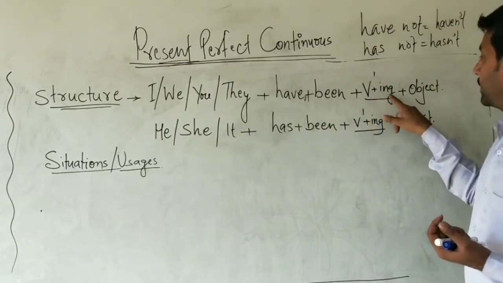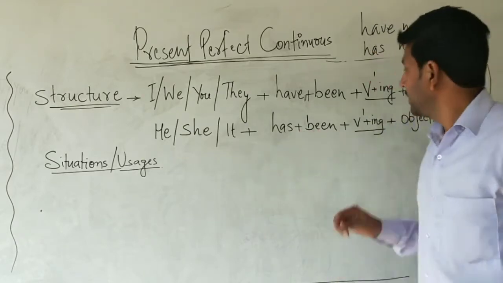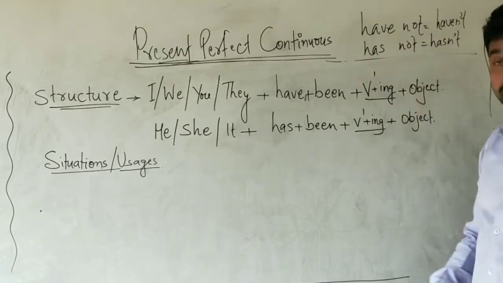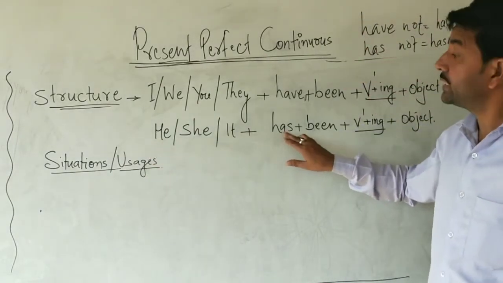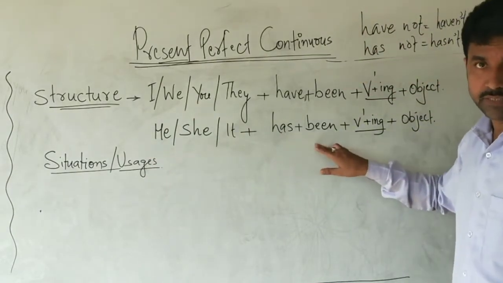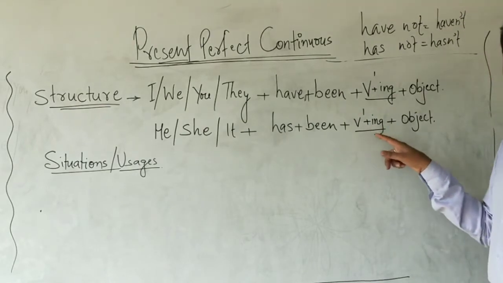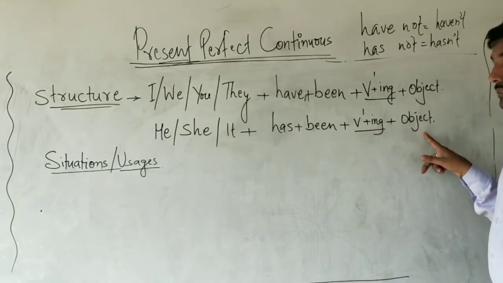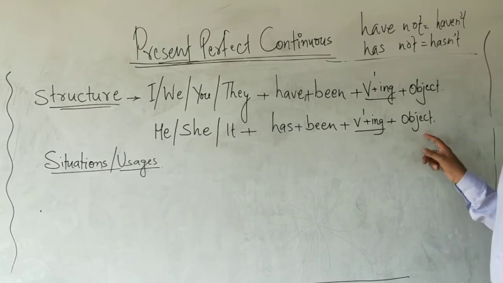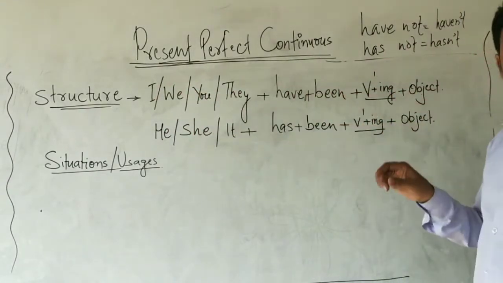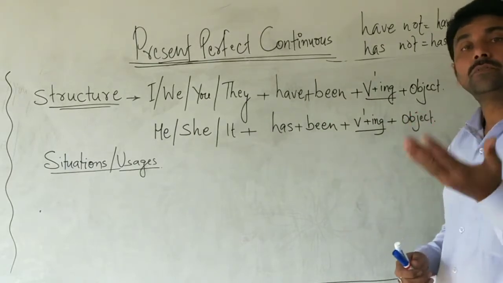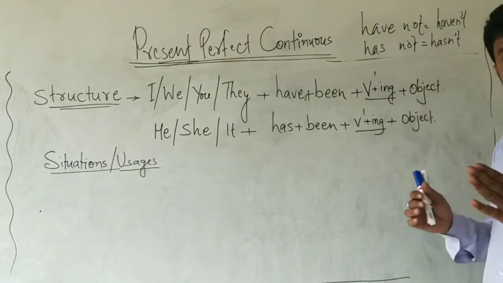That is, verb 1 plus ing is verb 4, and after that object. But the subjects he, she, it agree with has. After that been, and then verb 1 plus ing, and after that object. So they will form the structure of positive sentences, statements.